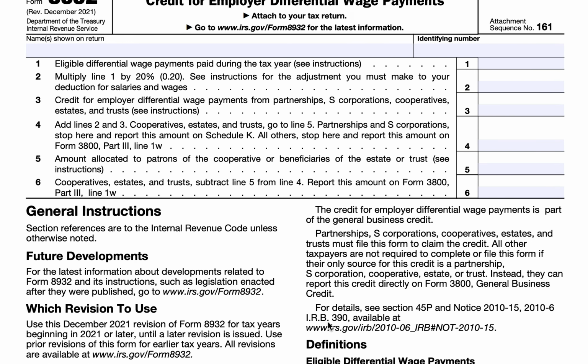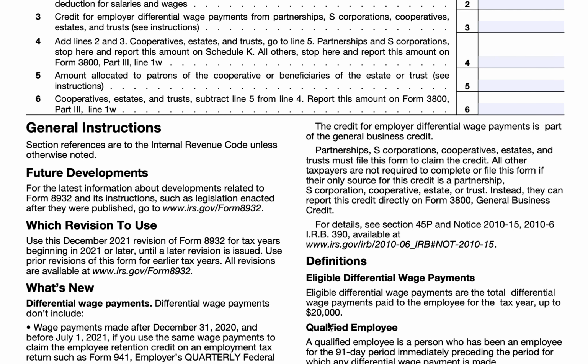Eligible differential wage payments basically are the differential wage payments made to qualified employees for a given tax year. A qualified employee is a person who's been an employee of the company for at least 91 days immediately prior to the period for which a differential wage payment is made.